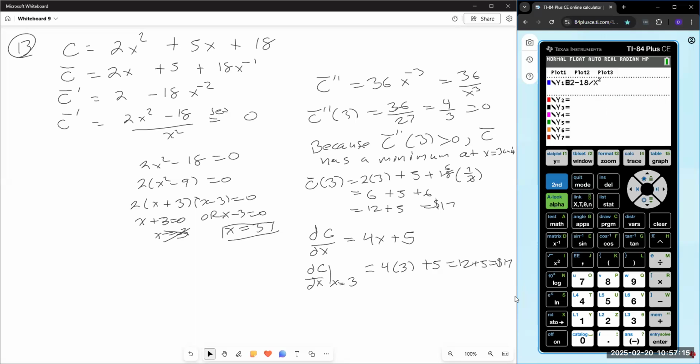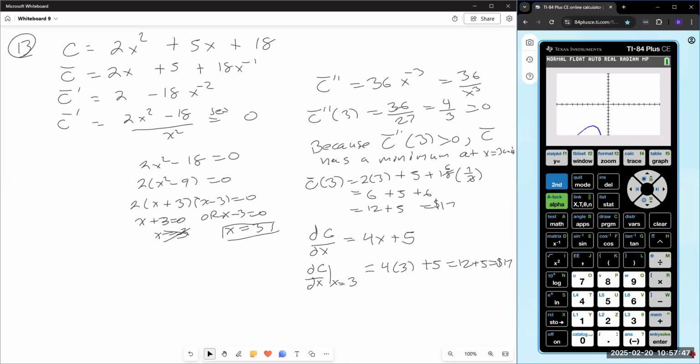That didn't give me what I wanted. Oh, that was my C bar prime. I want 2x plus 5 plus 18 over x, that average cost function C bar.